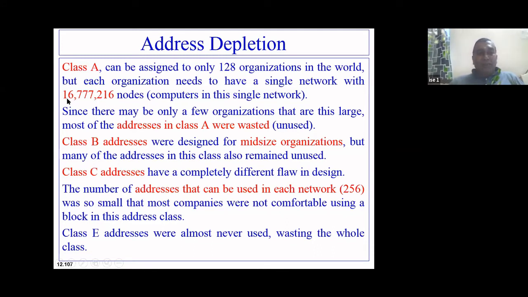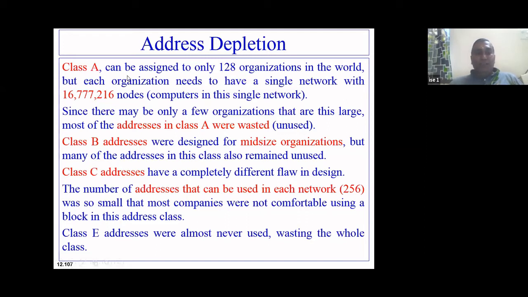So it is nothing but 16 crore 77 lakhs 7,216 nodes. Roughly, you can say more than 2 billion, around 2 billion addresses it can cover. But population across the world itself is around 17 to 20 billion.